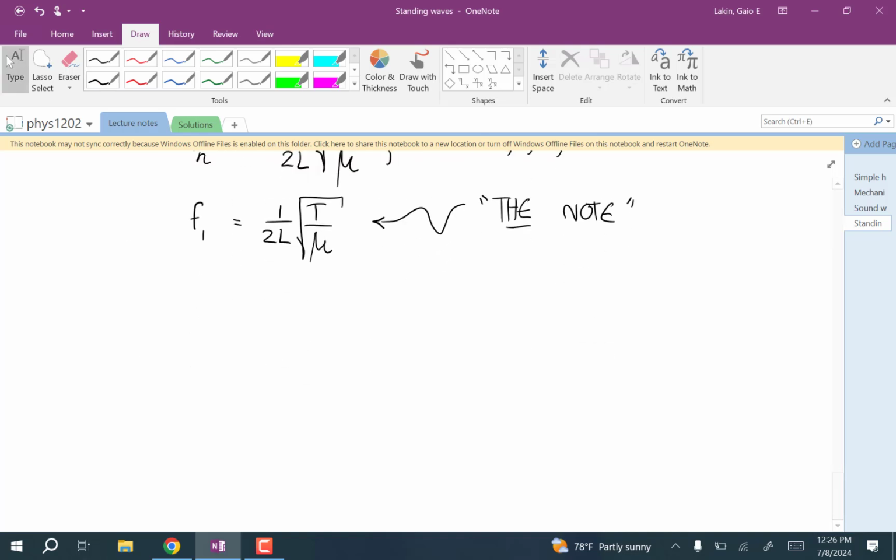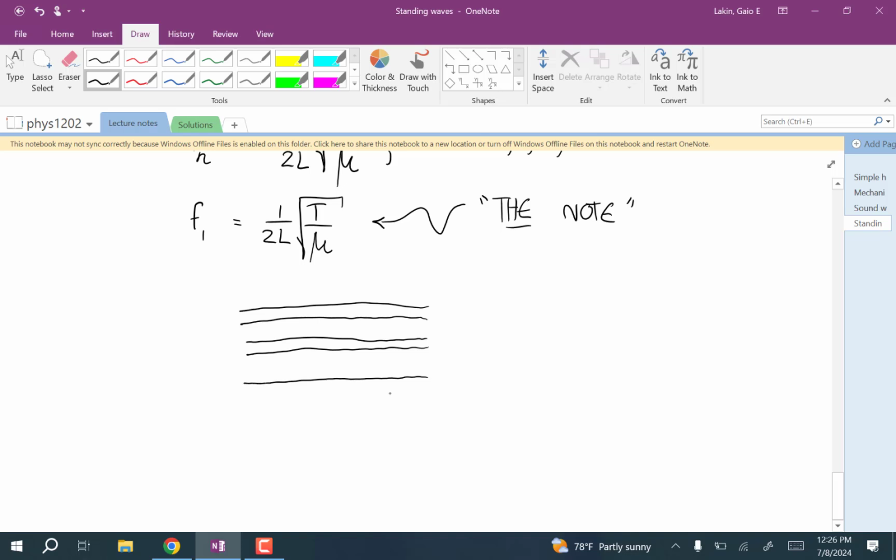Now, to make sense out of this, let's think about a bass guitar, because it has 4 strings instead of 6 on a guitar. I have to draw less then. So let's think these are the 4 strings. This string is a very low frequency, then not quite as low, then a little higher.